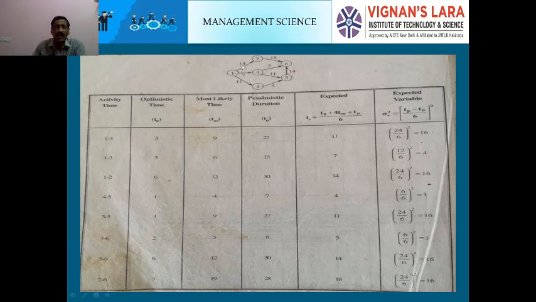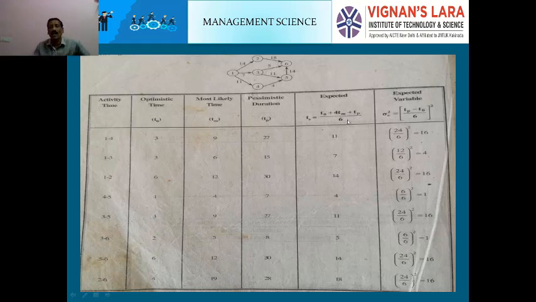For 1-2, 14. This value is determined with the help of this formula. I have taken the activity here, optimistic time here, most likely time here, pessimistic time here. Now expected time is denoted by TE, equal to TO plus 4TM plus TP, divided by 6.